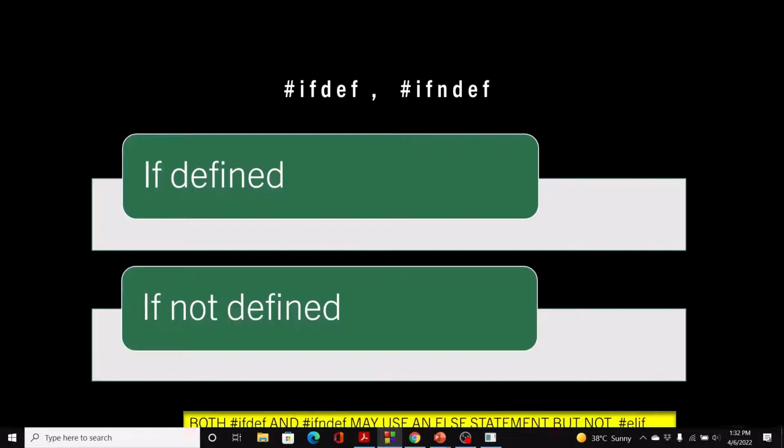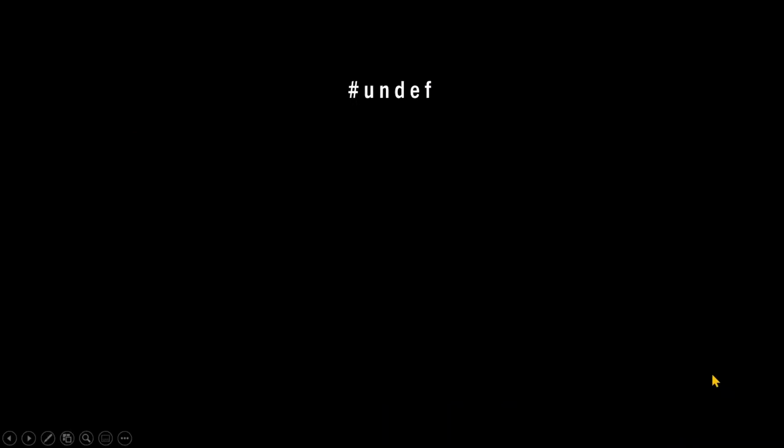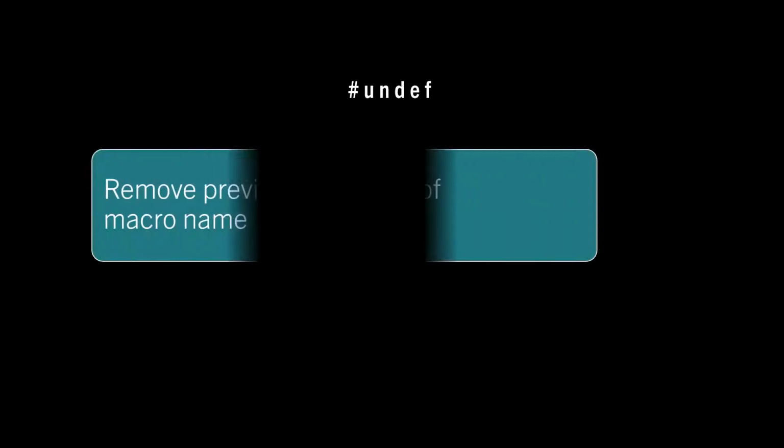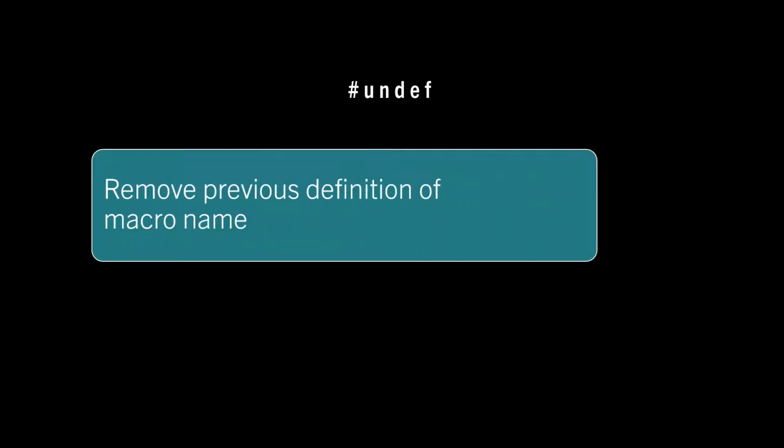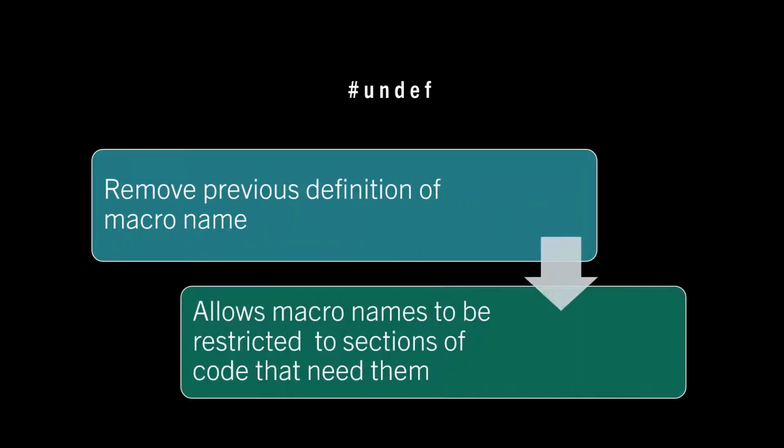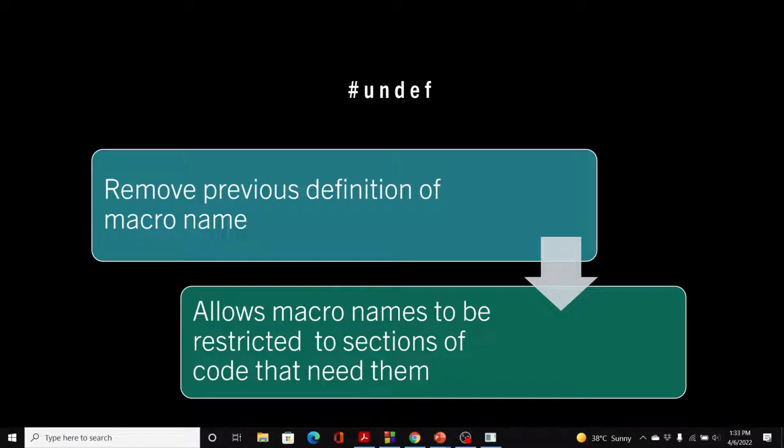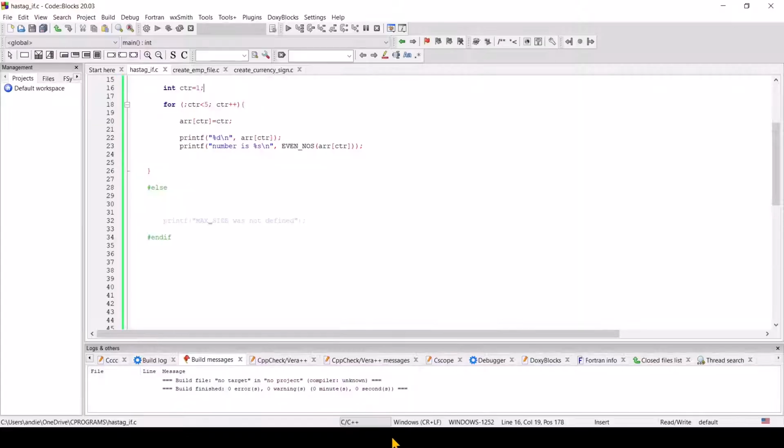Moving on. #undef will allow us to remove a previous definition of a macro name, allows macro names to be localized, you can say, to sections of code that need them. So let's look at how we can use that.